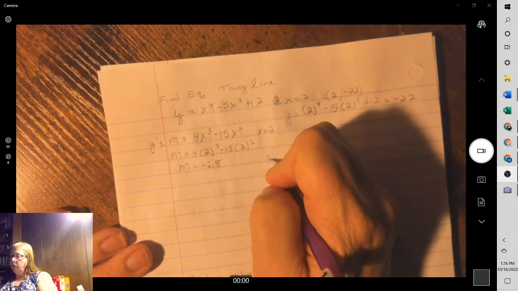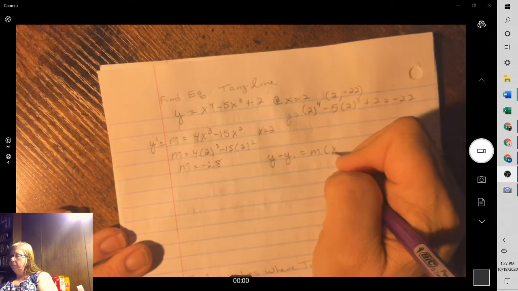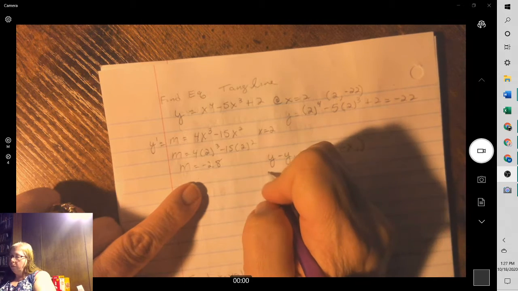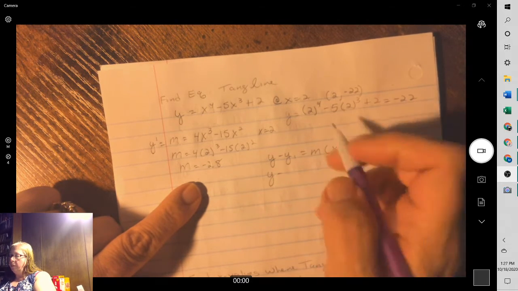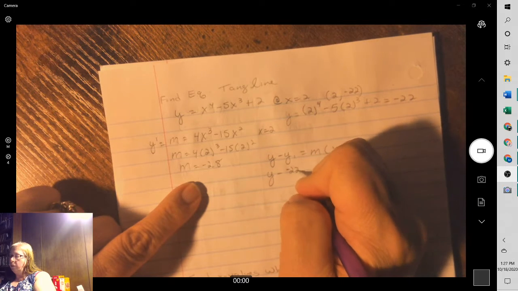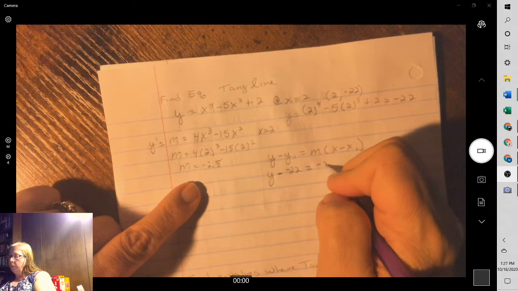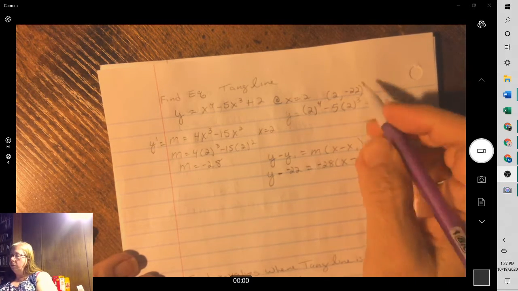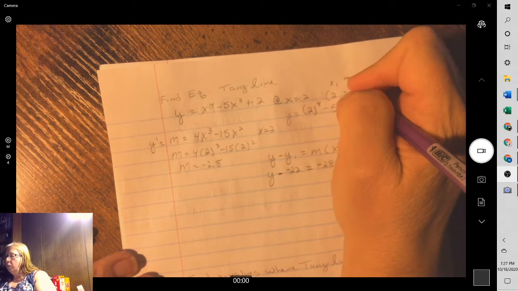To find the equation, y minus y1 equals m times x minus x1. Our point is right here, so y minus a negative 22, which is just a plus, equals our slope times x minus 2, from our point x1, y1.